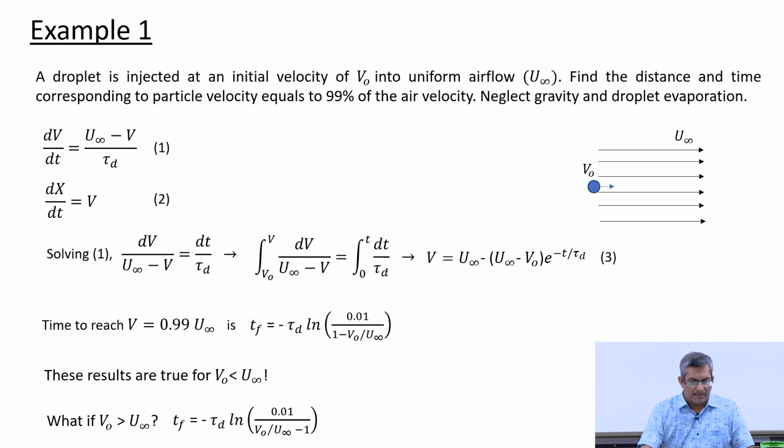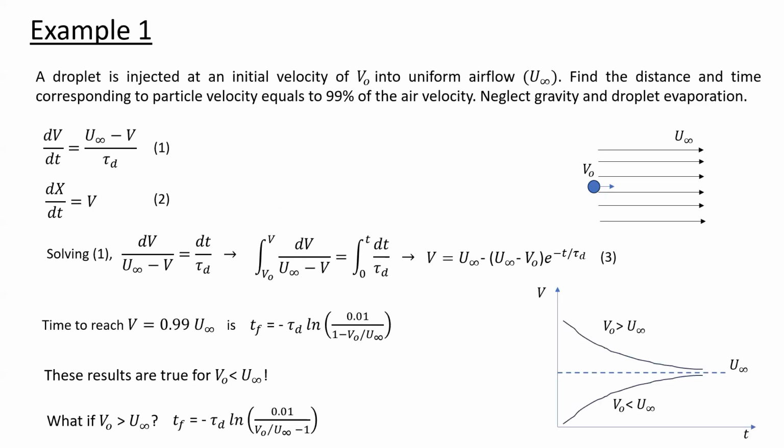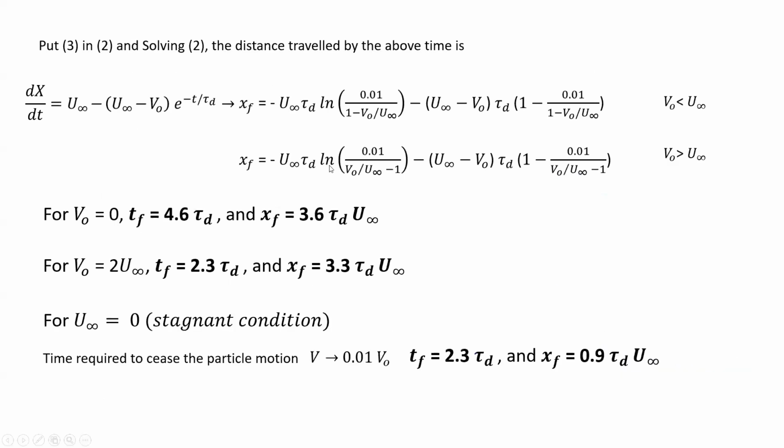We started with the basic example of a particle injected into a uniform flow of air. The objective here is to find the distance and time that the particle would need to acquire 99% of the co-flow velocity, and we could derive that by solving the transport equations.